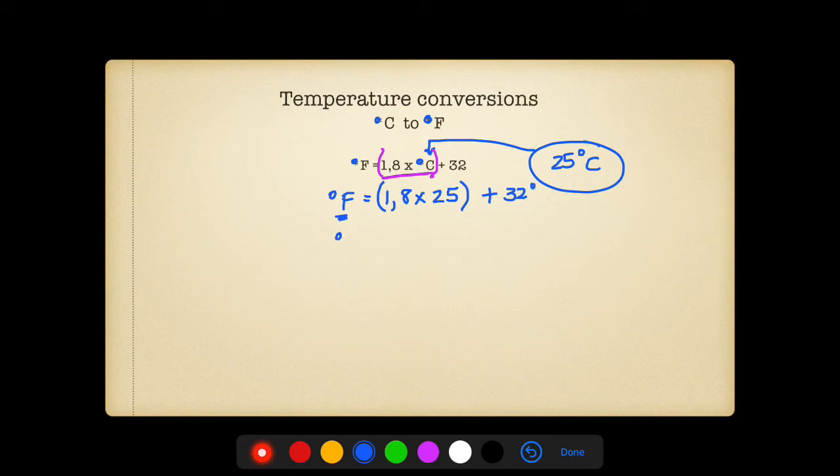Right, so if I multiply out in the bracket, I am going to get 45 degrees plus 32 degrees. So my degrees Fahrenheit is going to be 77 degrees. So when we have a temperature of 25 degrees, they know it as 77 degrees.